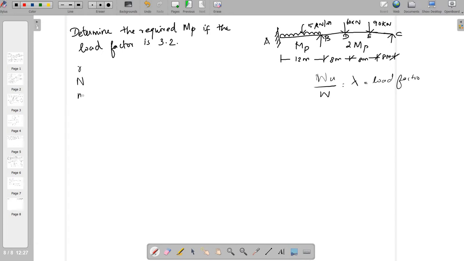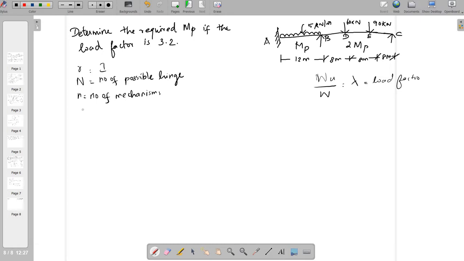The number of mechanisms is identified with small n, capital N is the number of possible hinges, and r is the indeterminacy, the redundancy.